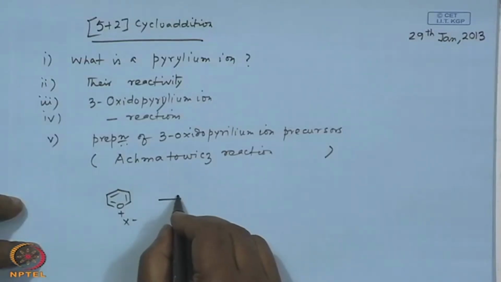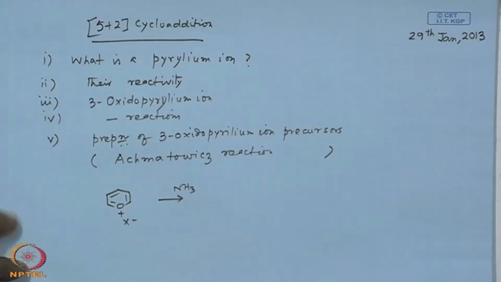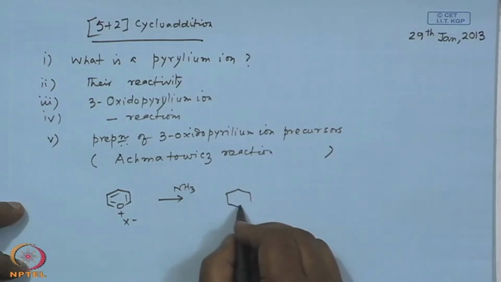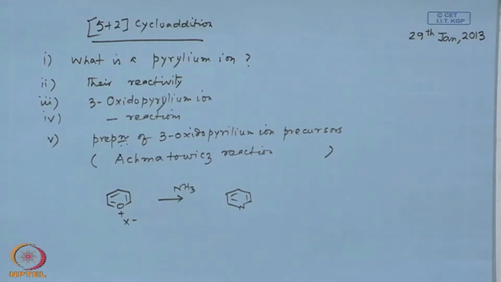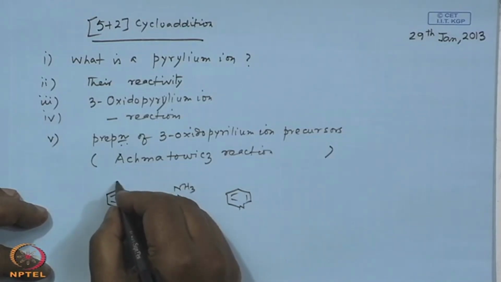For example, if you just put ammonia here, you will get simple pyridine. Okay. That means let us say the exact example is like this one.